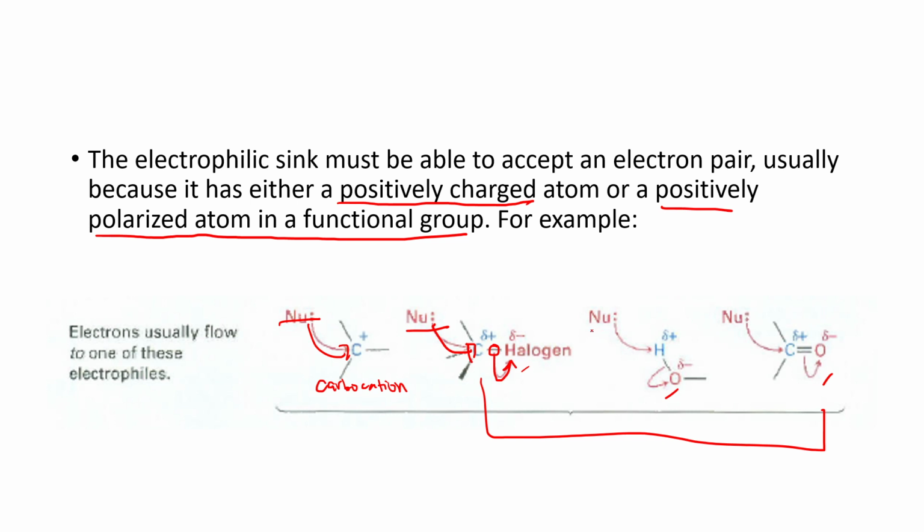It could also attach to hydrogen in this case because it is slightly positive when paired with oxygen, and this bond will break and move towards your oxygen, which is an electronegative atom. Or it could attach itself to a carbon in this situation. A nucleophile can bond with carbon here because it is slightly positive and oxygen is slightly negative, and this bond will move towards your oxygen.